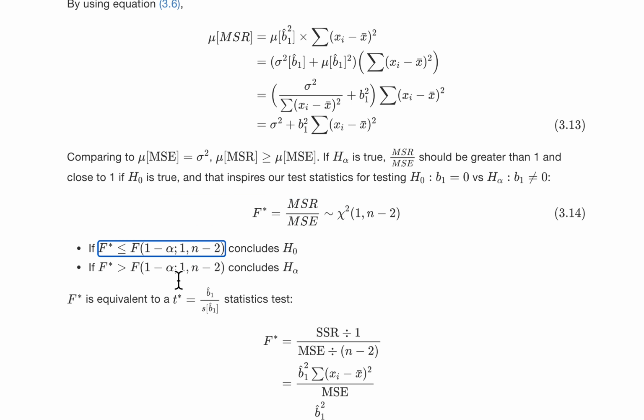So by using the F distribution here, we can conclude that F star, with the type 1 error equal to alpha, when F star is less than or equal to the value of the F distribution at probability 1 minus alpha with 1 and n minus 2 degrees of freedom, we can conclude that b1 equals 0.